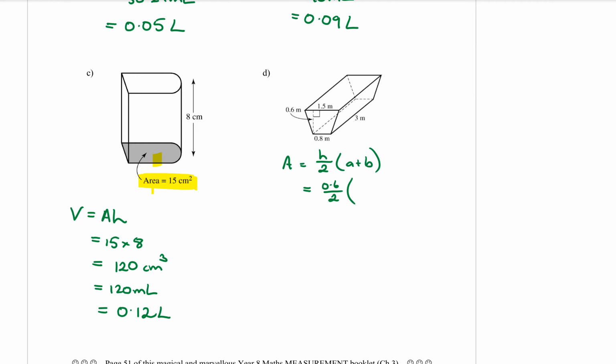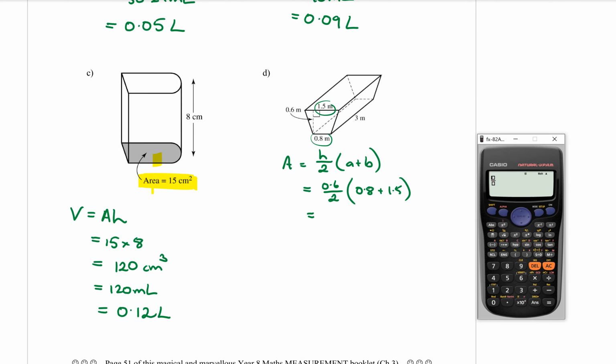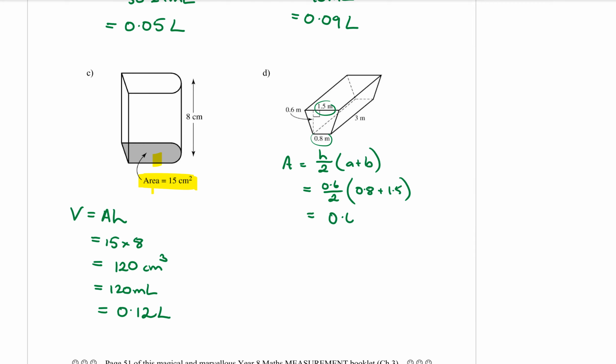The a and the b are the two parallel ones, which would be those two there, the 0.8 and the 1.5. We calculate that. So we have 0.6 over 2 times 0.8 plus 1.5. So that's 0.69 meters squared.